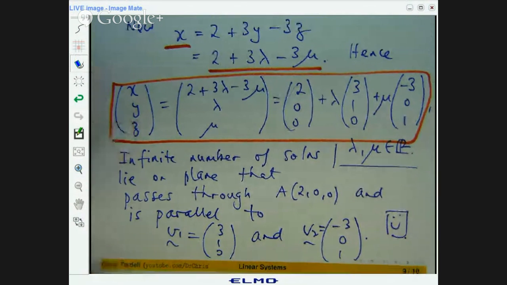Okay, so this is a case where you have identical planes.